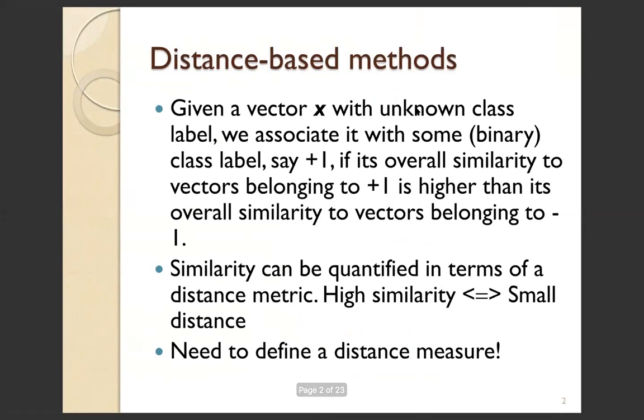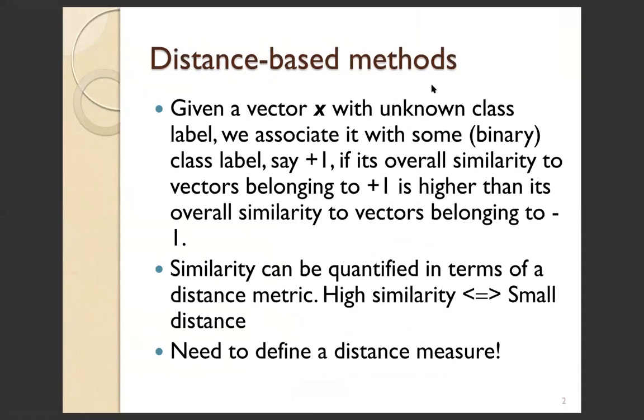Okay, so to start off, this K nearest neighbor method belongs to a class of methods called distance-based methods. It's very simple.